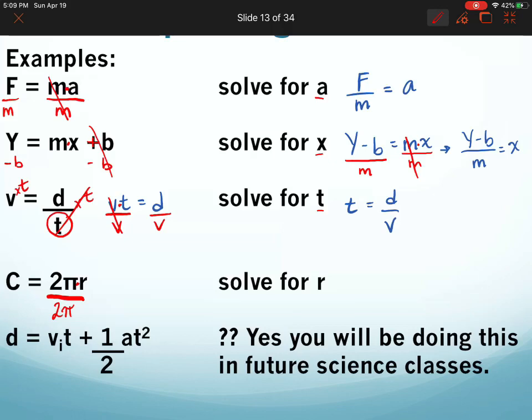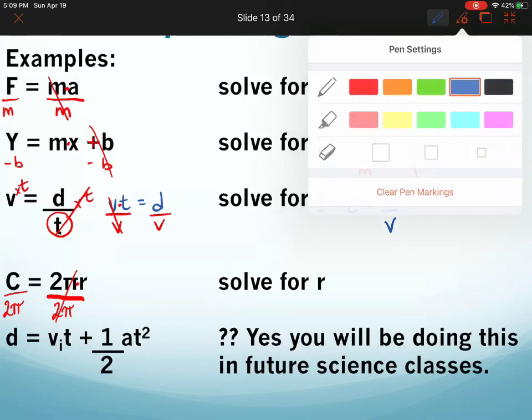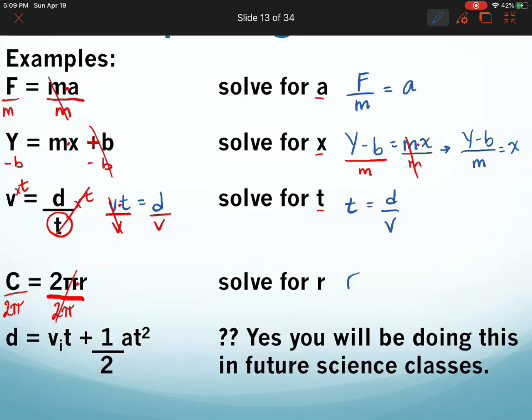I can just go ahead and divide by 2 pi, because that's just a number. So I'm just going to divide by both of them. And then look at that. Those cancel out. But anything I do to one side, got to do the other, right? Okay, there we go. It looks like r is by itself now, and that's exactly what it wanted. So we had that r is equal to c divided by 2 pi. Yay, we're done.